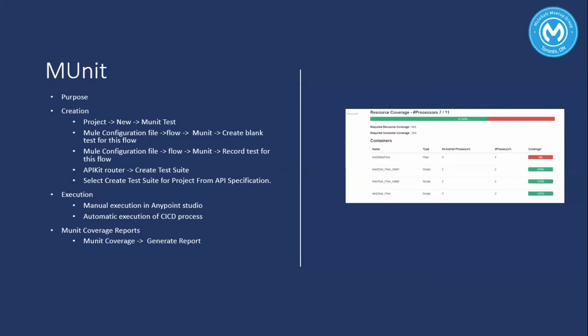It will give the percentage of the coverage level. If you look here, it shows how many flows there are, what the components are, and how much percentage is covered.